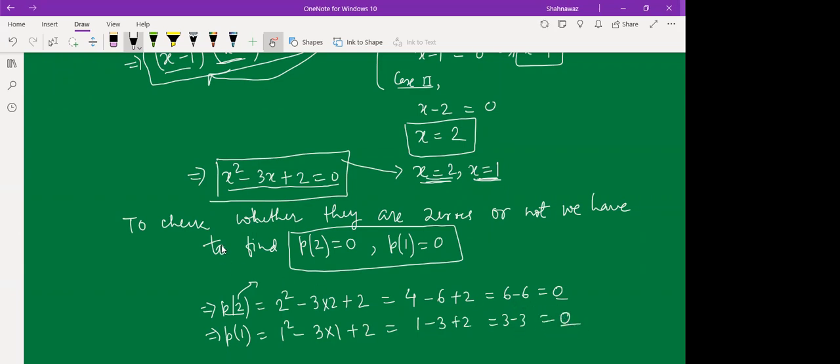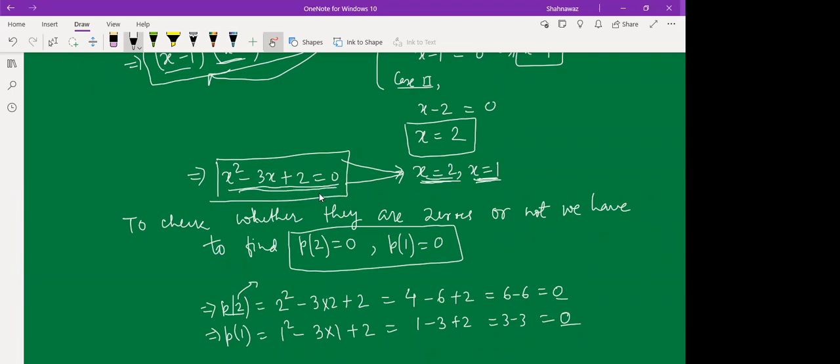So firstly, we calculated that these are the zeros, right? And if we have a confusion whether our answer is right or wrong, we can always check whether these are the real zeros by just putting the value of x in P(x). So remember that always, okay?